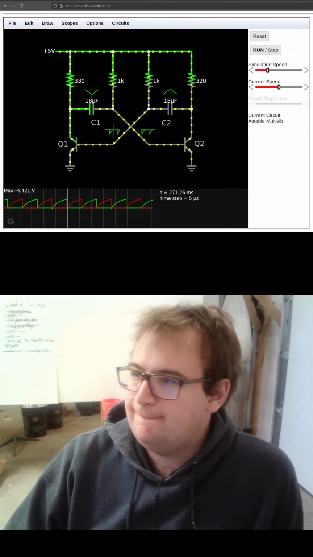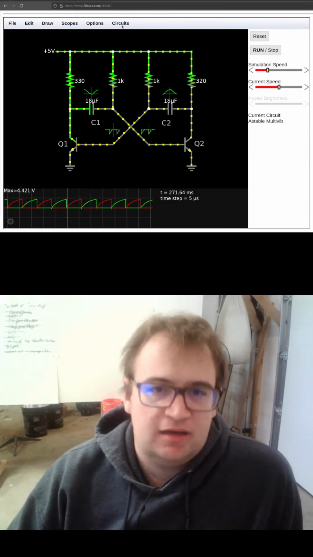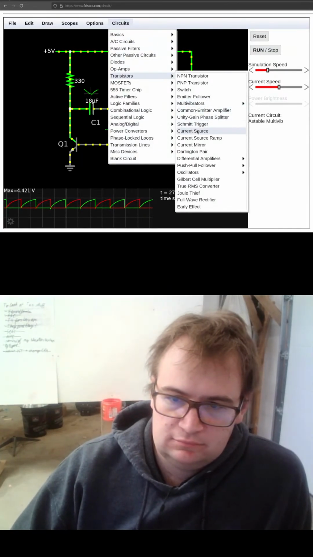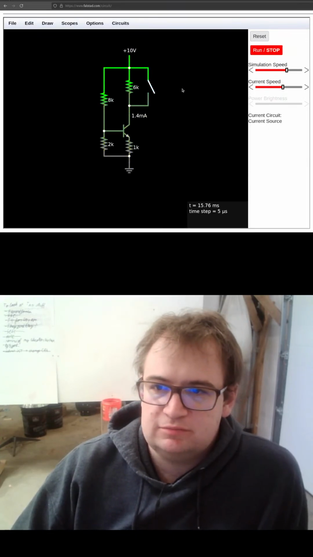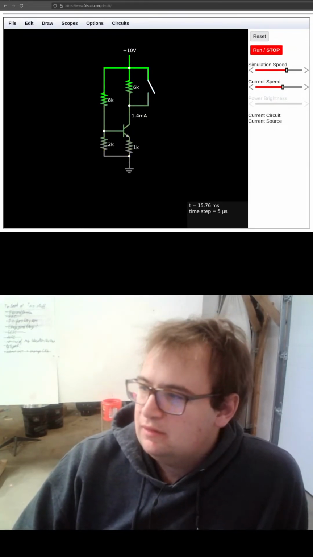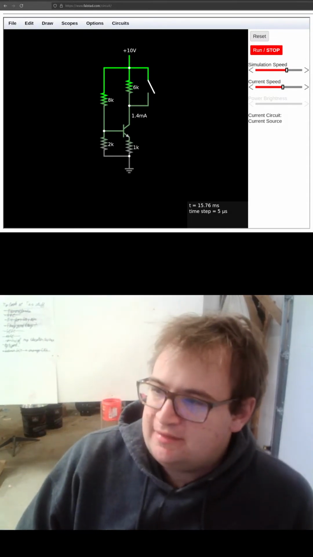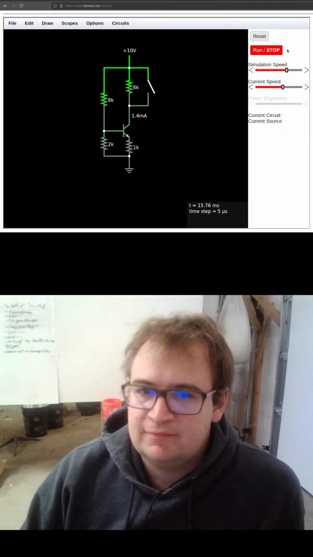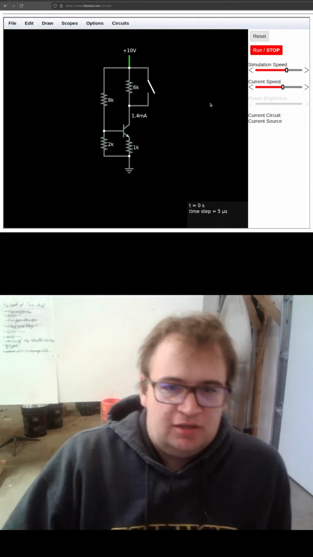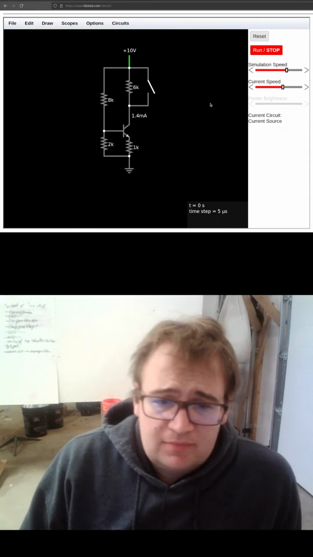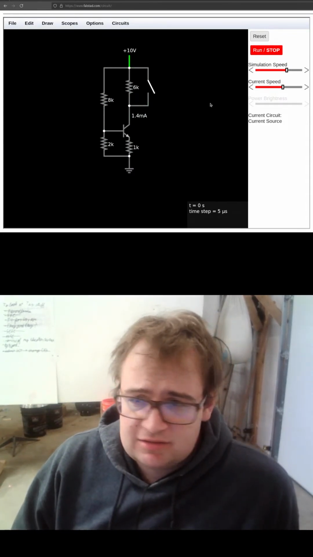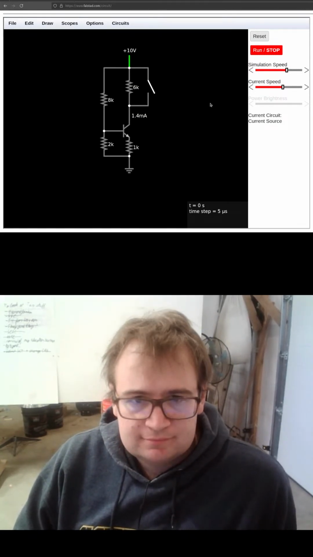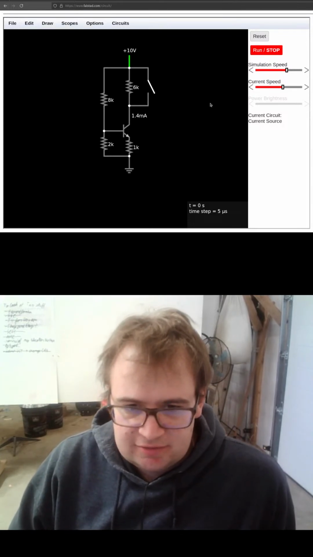The next one is a current source. I try to make it so that I don't see what the circuit's doing. That time I failed. But anyways, let's just look at it for a second here.